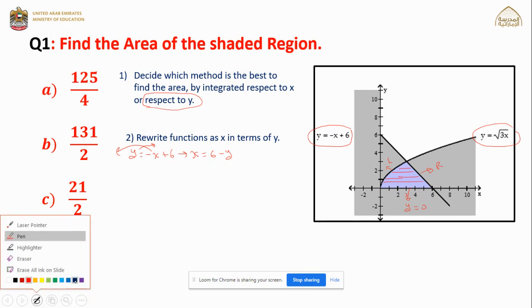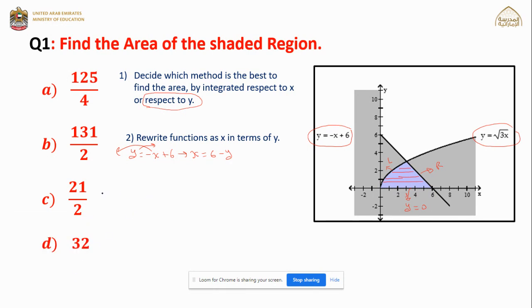Now I will go to the left one, which is y equals radical 3x. Square both sides, so y squared equals 3x, because the radical and the square cancel. So x equals y squared over 3. Now both functions are ready.